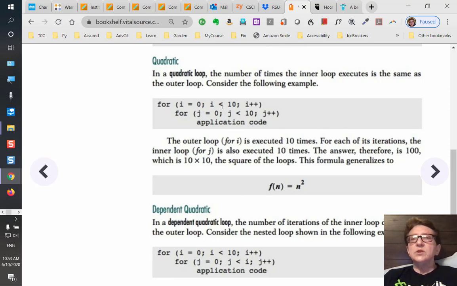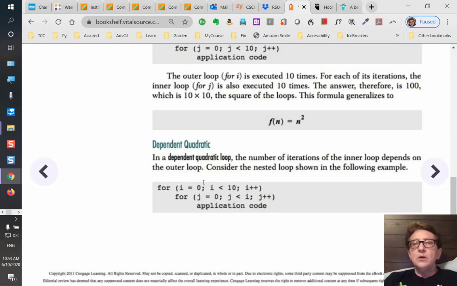Quadratic means squared. So if you've got, this one's n because we're adding, this one's n because we're adding, so we have n times n, and that's going to be n squared. Now, if you have something that's dependent on the outer one, so while j is less than I, it's not going to go all the way up to 10, it's going to just go up to whatever I is.